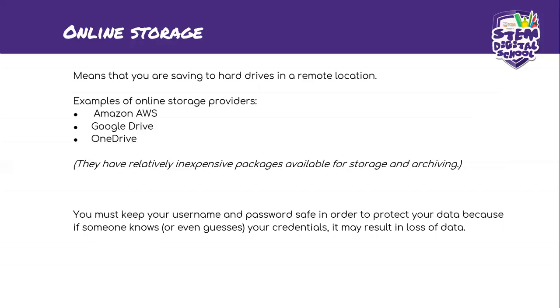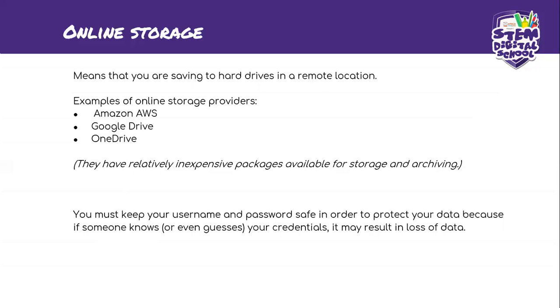Now, the difference between backing up and archiving. When you back up something, you have a copy of what you have on your computer. Say you save on your internal hard drive and then you use a flash drive to back up, in case something happens to your computer.